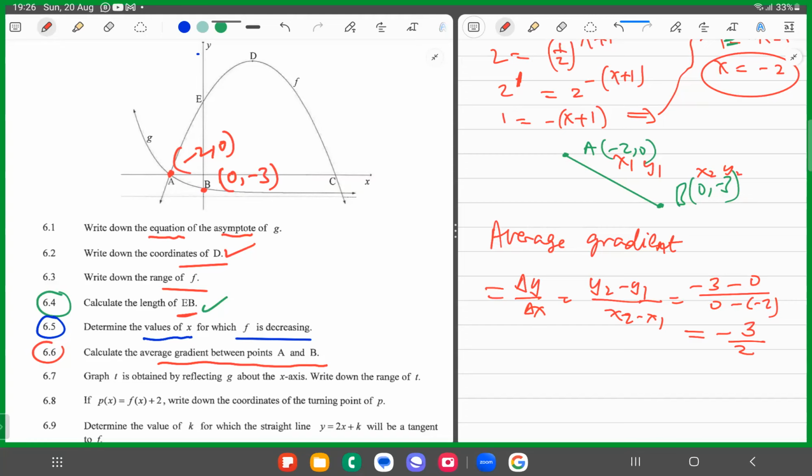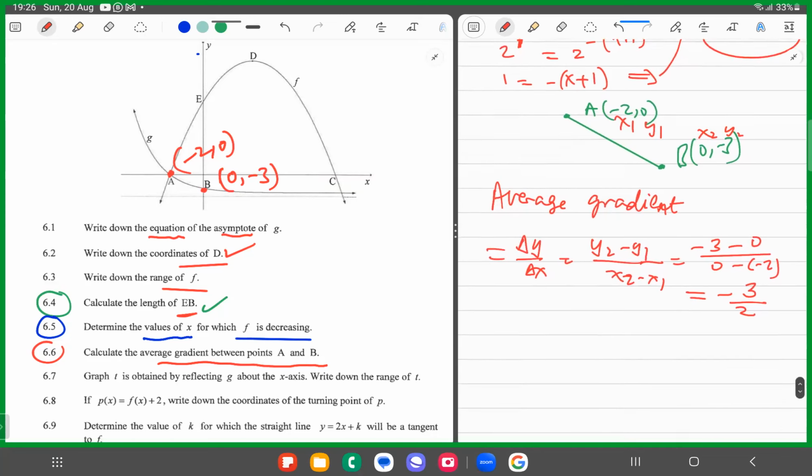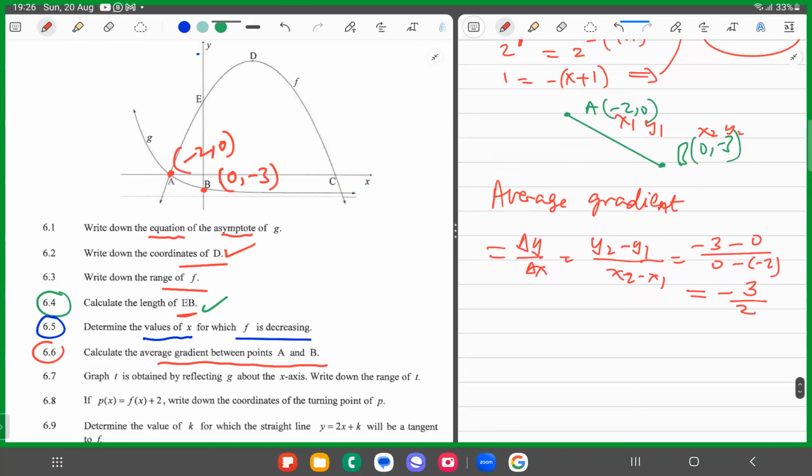We can see that the average gradient is -3/2, which is what they wanted. So we needed the average gradient between the points A and B. You can therefore say the average gradient between the points A and B is lowercase m subscript AB, which is -3/2.